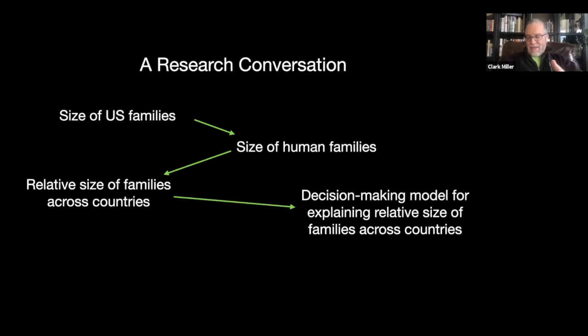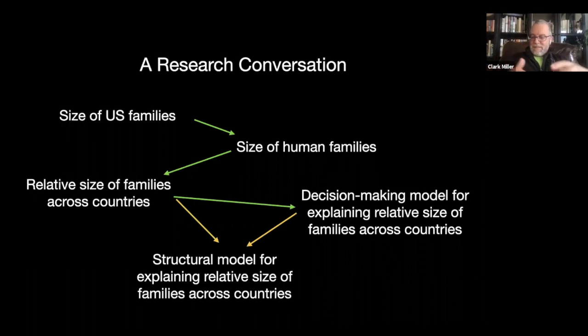And from that, somebody else came along and said, well, that's an interesting observation. Why did that happen? Why do we see different numbers of children in families in different countries? And they said, I'll tell you what, I'll go look at the decisions that families are making about whether to have kids or not, and I'll talk to them about it. That'll give us a model that explains, using decision-making factors, why different family sizes occur across countries, right?